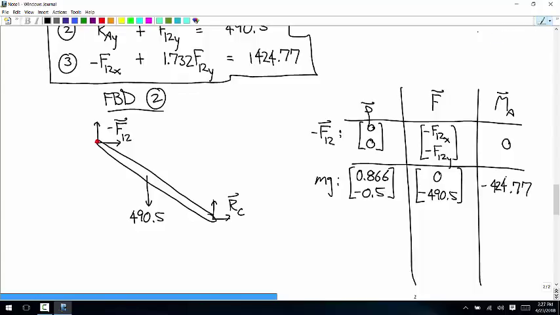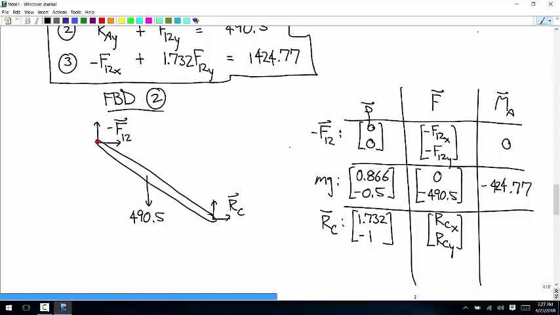That's what it was before. And then the force RC, the rho vector is 1.732, negative 1. Force vector is RCX, RCY. And the cross product is 1.732 RCY plus RCX.